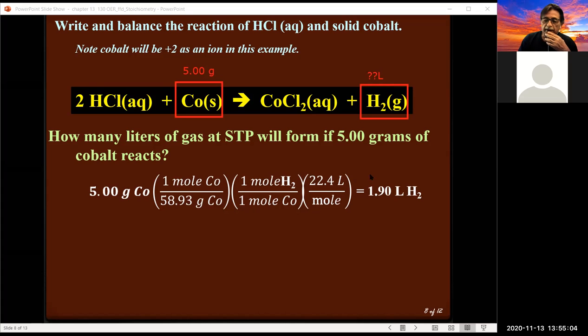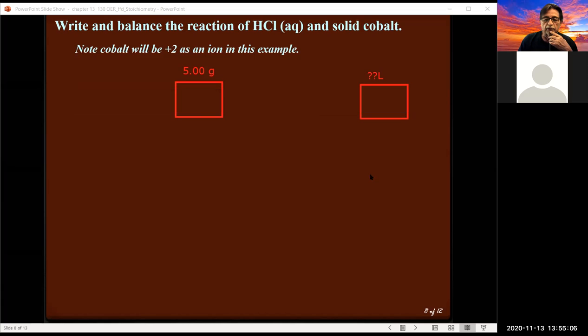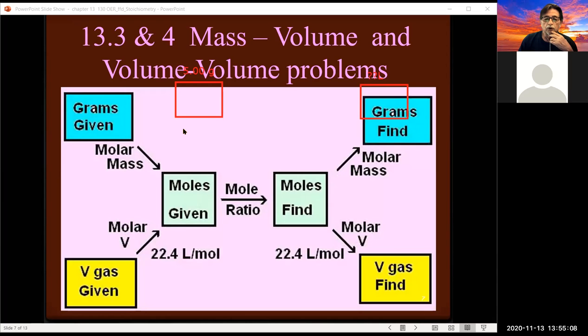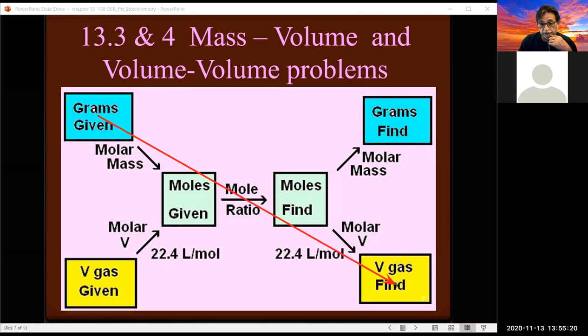And so if you go back to the table, we have gone essentially from grams given all the way to the far right corner in that flow chart. Grams given, we needed the molar mass to give us moles given. We needed the mole ratio to get us into moles.